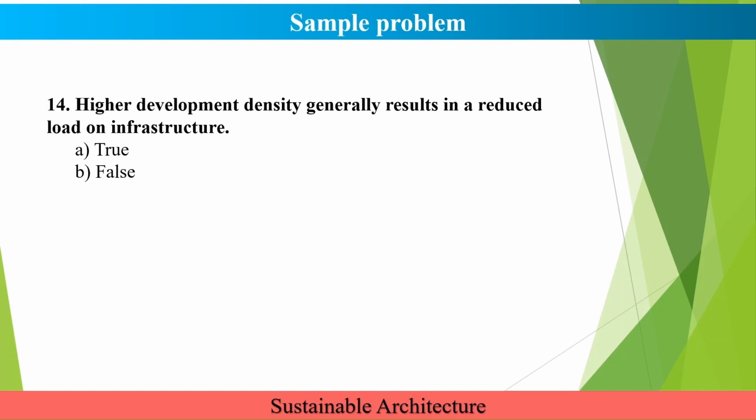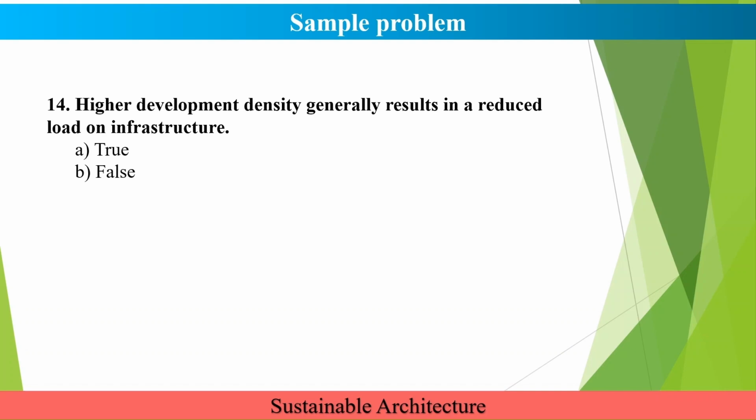And if you talk about sustainability or other parameters, like you were mentioning roadways or drainage, then this is definitely not a good means of sustainability. But I am just talking about what higher development density values refer to and what they result in. So definitely it will reduce the load on infrastructure, but it will not be good for well-being or sustainability. From that point of view, you are also correct.